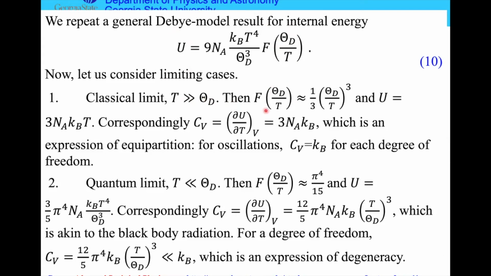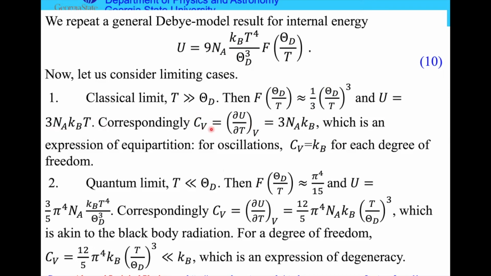This function is 1 over 3 cubed of the argument. I substituted here. So the third power of the Debye temperature eliminates, and the Debye temperature disappears from the result. This 3 cancels the 3 of 9, leaving only 3. So U will be simply 3 N_a k_B T.